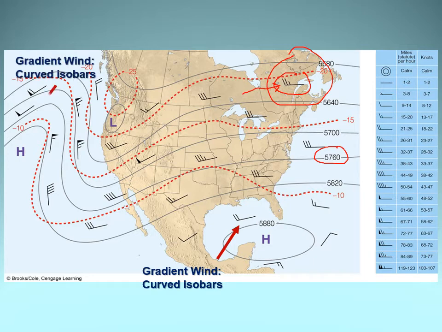So we have at least two examples of gradient wind. But then this area right here where I labeled geostrophic wind, those lines are pretty much straight. We have straight isobars or contour lines. So again, we can use the spacing of these lines and whether or not they're straight or curved to get a good idea of how the wind is behaving in the upper atmosphere.